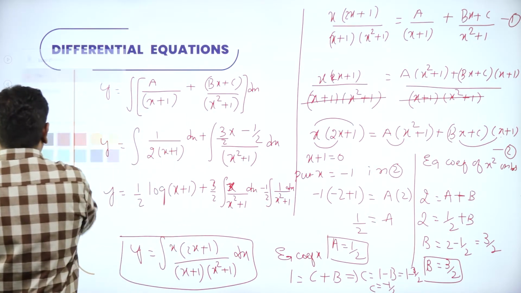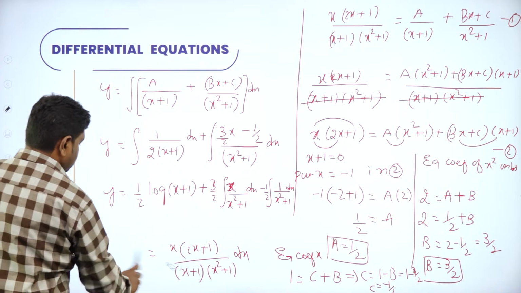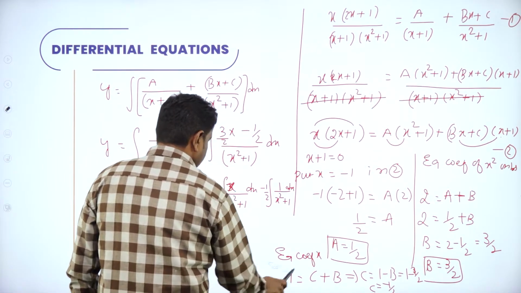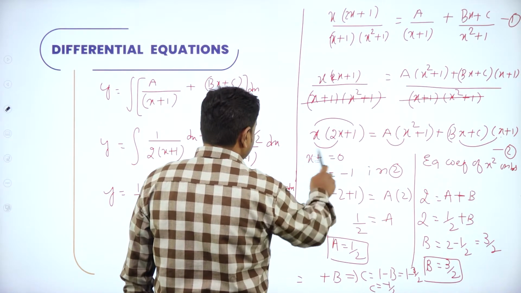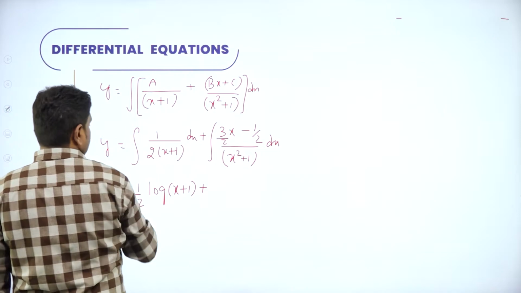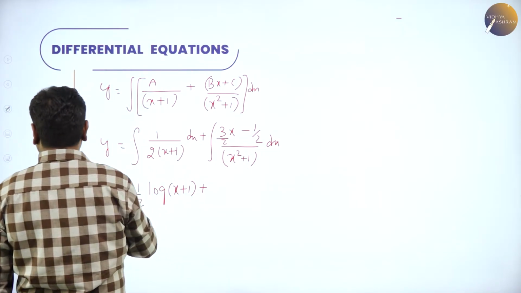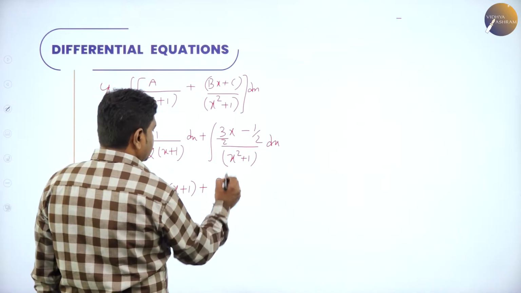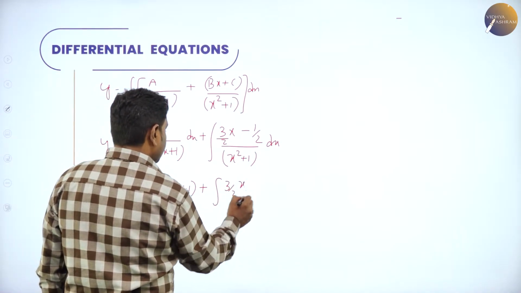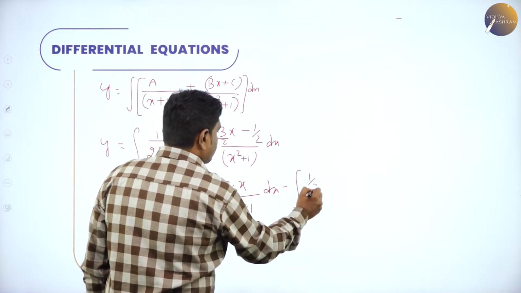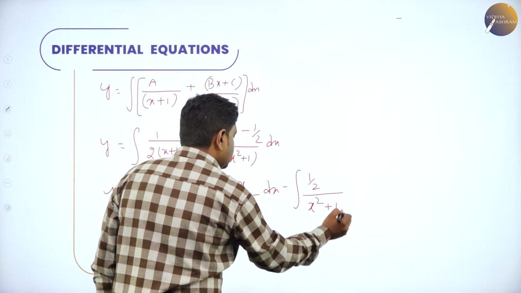So now further let us erase this part, whatever we got. We need to integrate and we need to find particular solution. So I hope all of you copied this part. From here we'll continue. 1 by 2 is constant, integration of this plus integration of, I'll write 3 by 2 x divided by x square plus 1 separately dx, minus 1 by 2 by x square plus 1 dx separately.